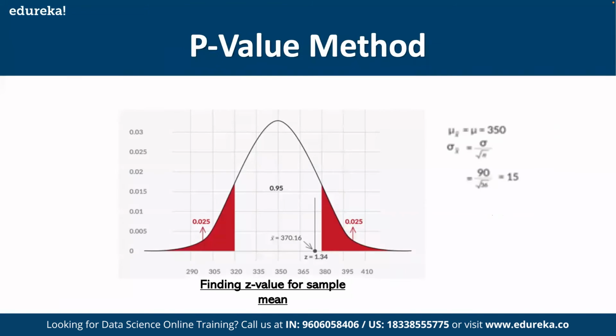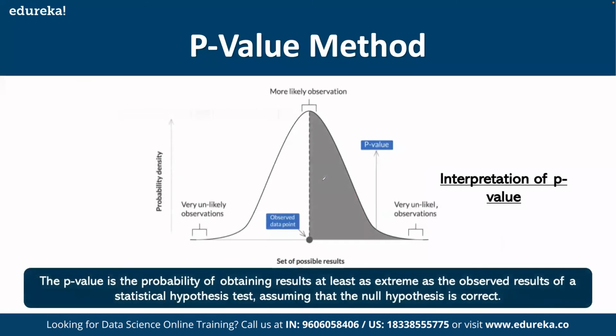In the p-value method, first we'll find the Z value for the sample mean. Once I find the value of Z, the next thing we do is get the respective p-value.